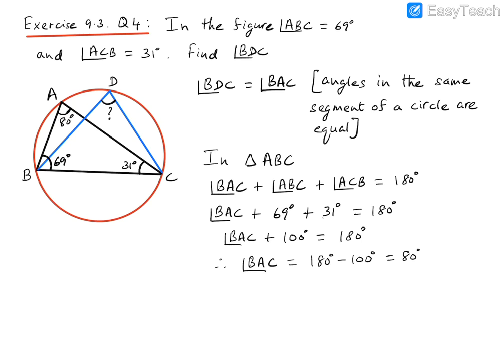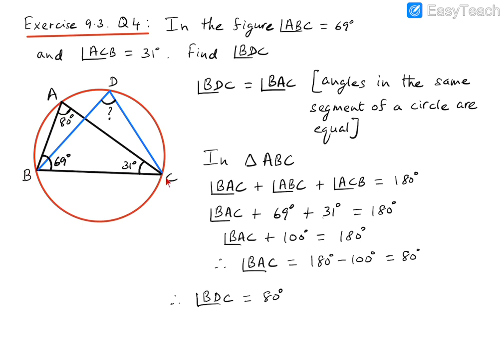And since we now know angle BAC, we can then get the value of the angle BDC, which is the same as the angle BAC. So therefore, we now have angle BDC, which is the same as the angle BAC. So that's also equal to 80 degrees. So we have obtained the angle BDC, which is the same as angle BAC, because BAC and BDC are both angles lying in the same segment of the circle.